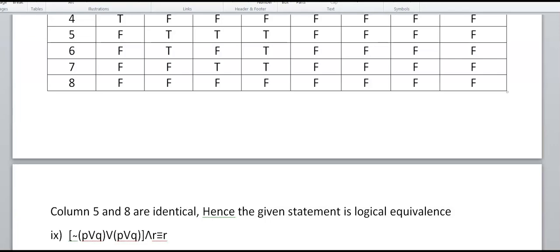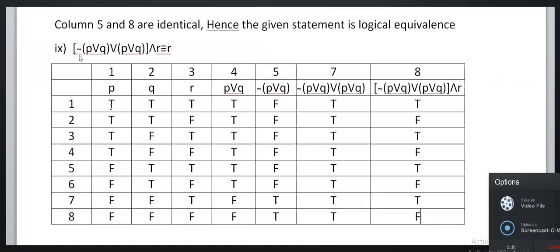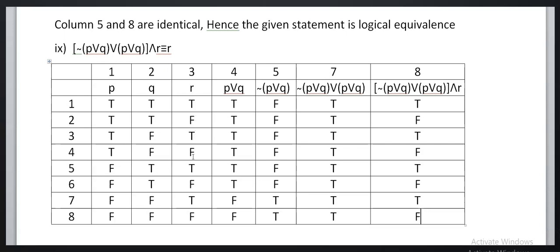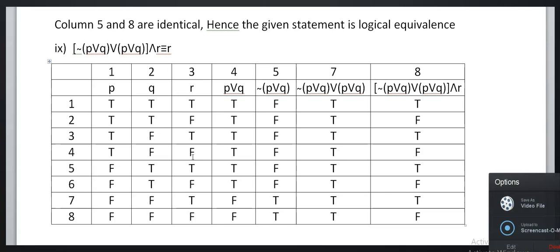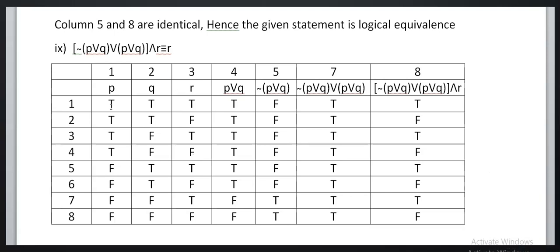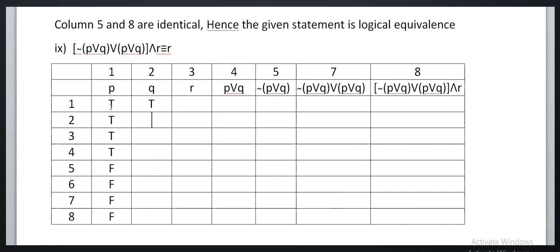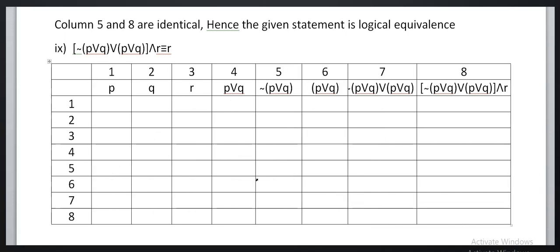Now we'll see the next. We'll continue with example number 9. That is, in square brackets, negation of P or Q, or P or Q and R is equivalent to R. Now let us start.